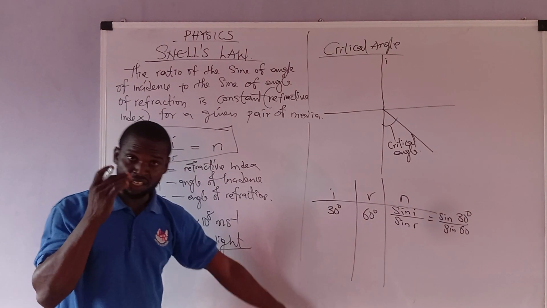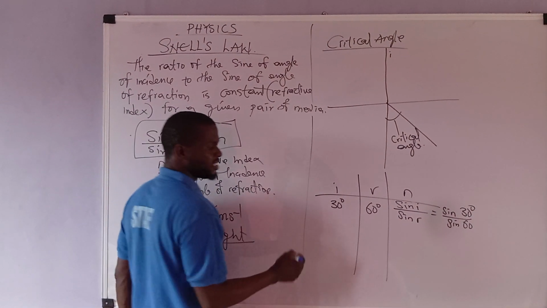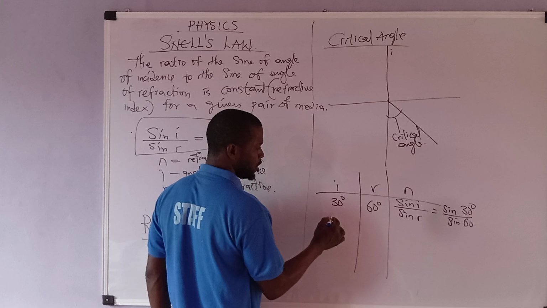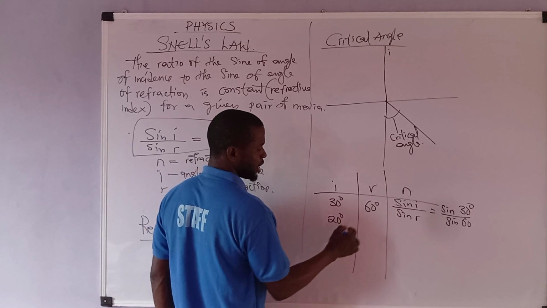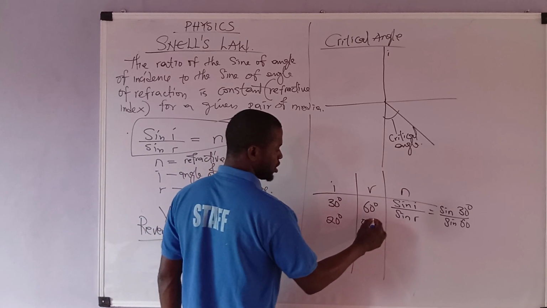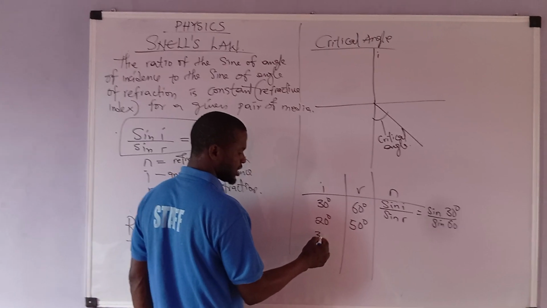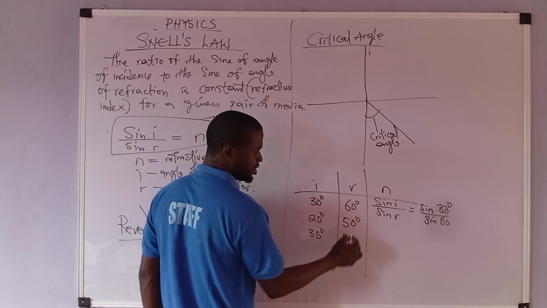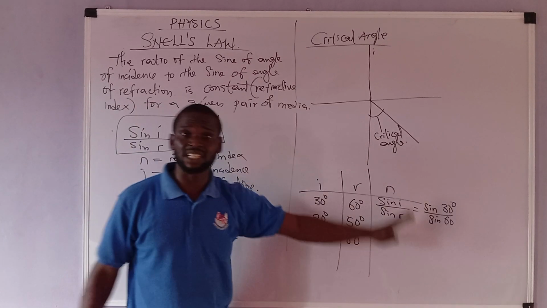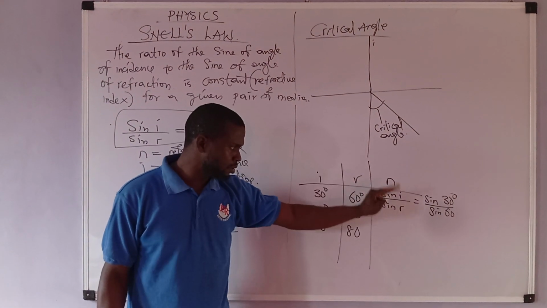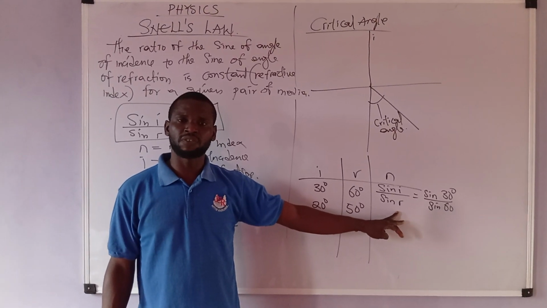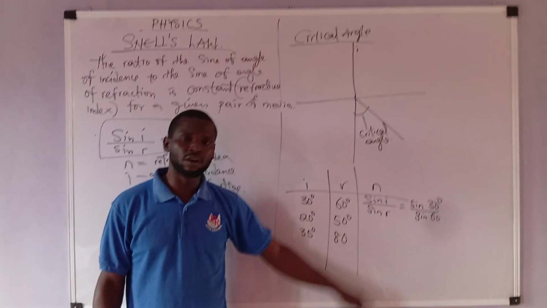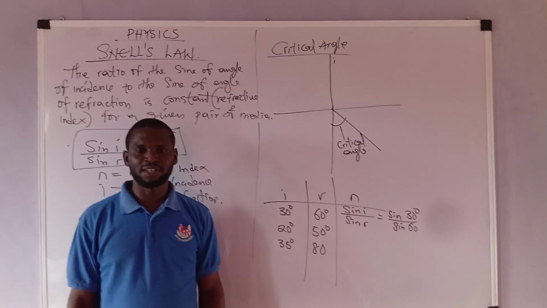You can repeat this for any given media. Let's say they can change your angle of incidence to be 20 degrees and angle of refraction 50 degrees, or angle of incidence 35 degrees and angle of refraction 80 degrees. Then to calculate the refractive index, you still take the ratio of the sine of the angle of incidence to the sine of the angle of refraction.